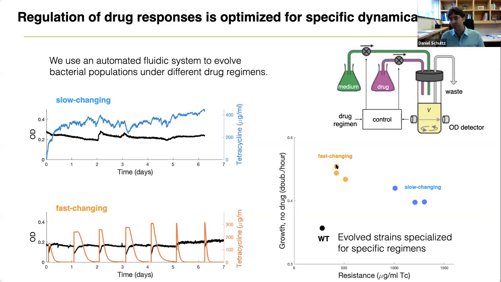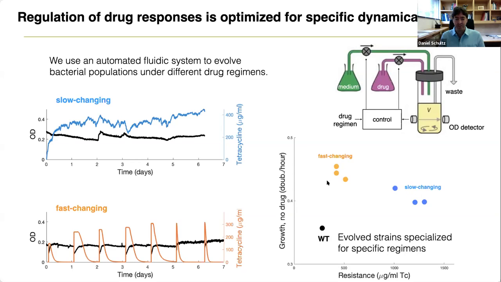At the end, all of these populations actually get better than the wild type, both at growing and at resisting drug. But you see that the cells that evolved in the slow changing conditions become more resistant at the expense of not growing so well when there's no drug, presumably because they keep the resistance always on.